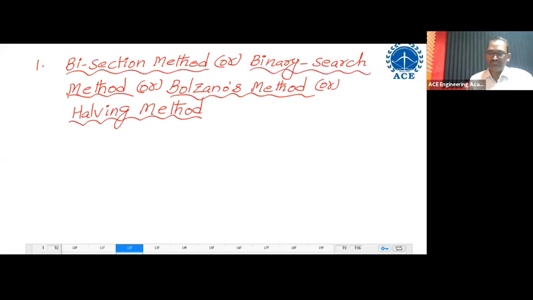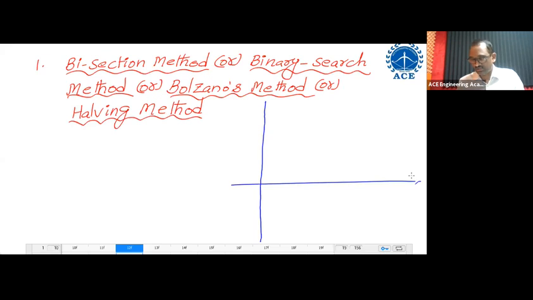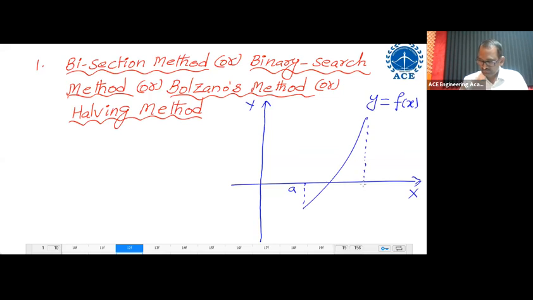So draw the diagram. Intermediate mean value theorem, first diagram should only be drawn. This is the y is equal to f of x curve, which is defined in the continuous interval [a, b]. One endpoint is defined at x is equal to a, so the y coordinate is f of a.